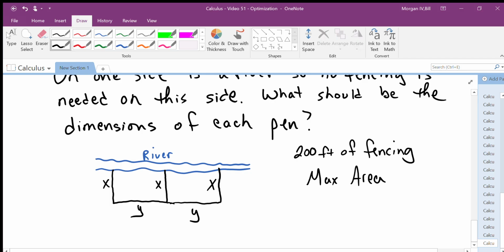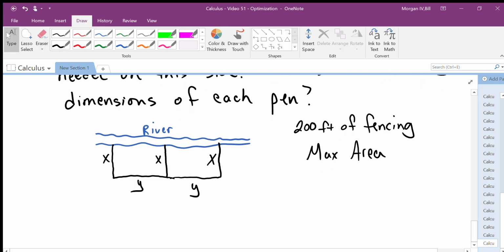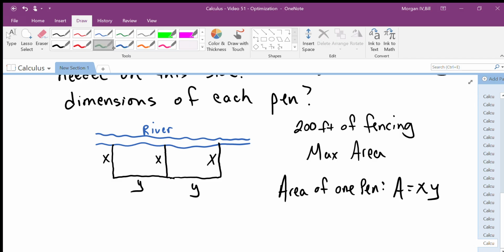Okay, we want to maximize the area of each pen. So what would the area of each pen be? The area of one pen, area is equal to X times Y. That would be the area of, say, one of the pens here.